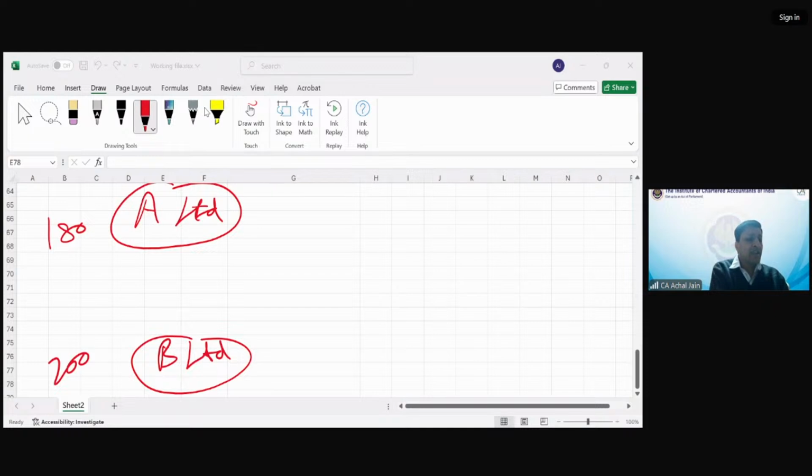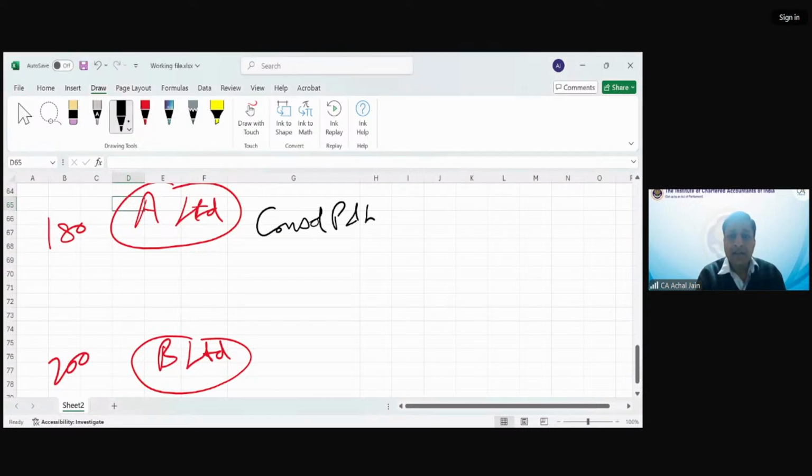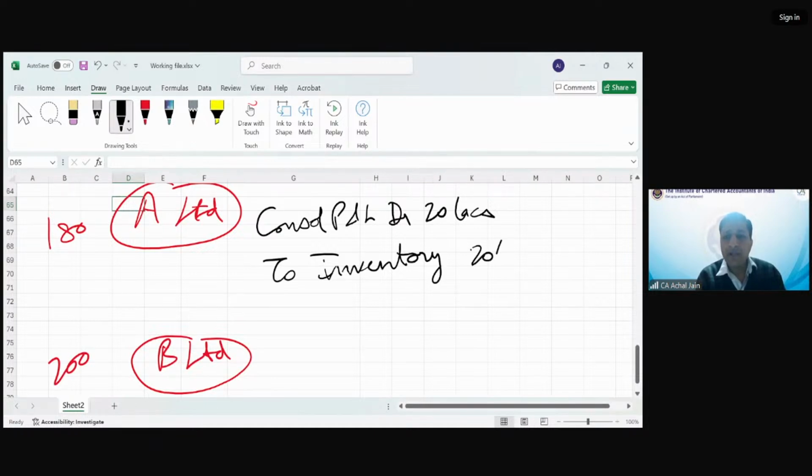So if you were to pass an accounting entry, what is the accounting entry you will pass? You'll say consolidated P&L debit 20 lakhs to inventory 20 lakhs. So at one place, what did you do?